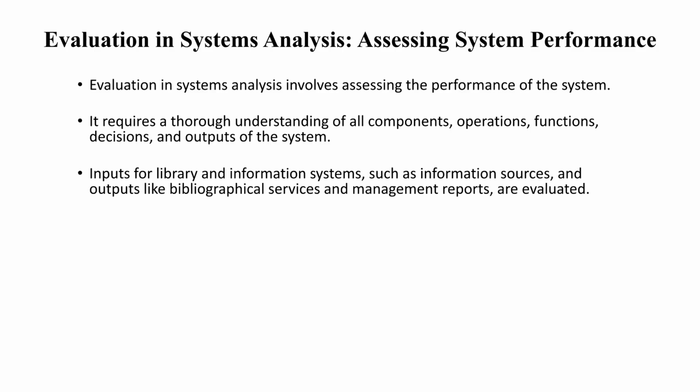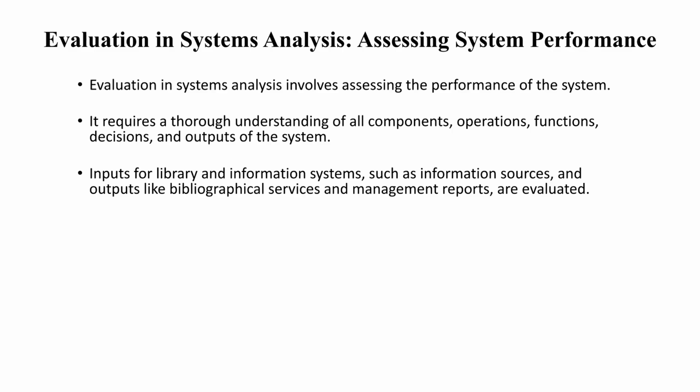Inputs for library and information system such as information sources and outputs like bibliographical services and management reports are evaluated. So here we need to consider what we are providing as input and what we are getting as output, whether user need is being satisfied or not.